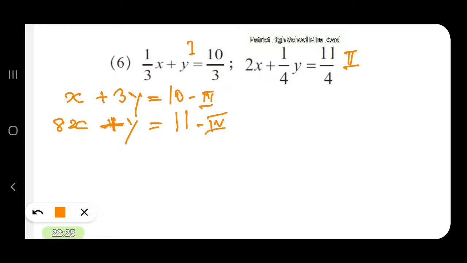We will multiply equation 3, this is equation 3, by 8. So we will have 8x plus 8 3s are 24y is equal to 8 10s are 80. And we will write down equation 4 as it is. 8x plus y is equal to 11.